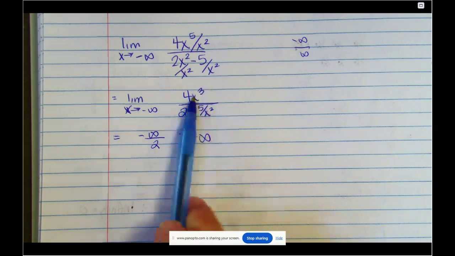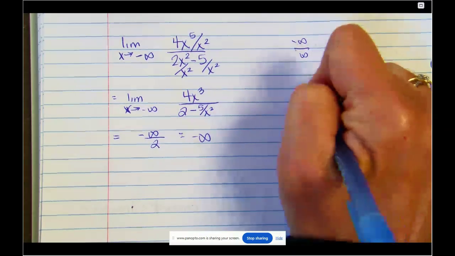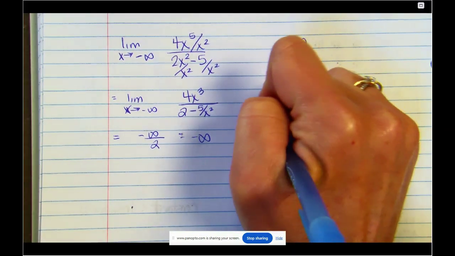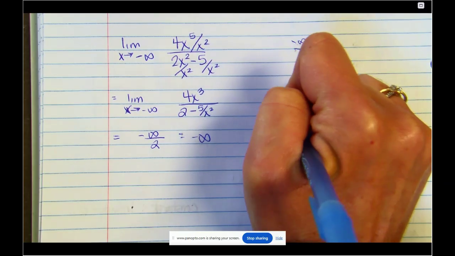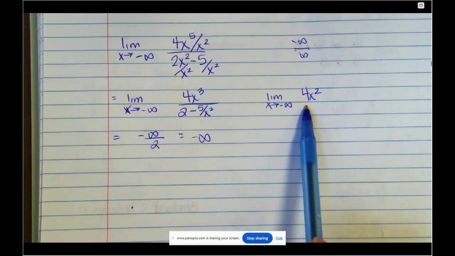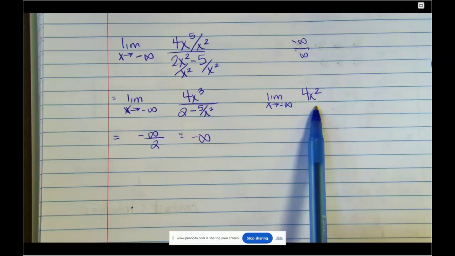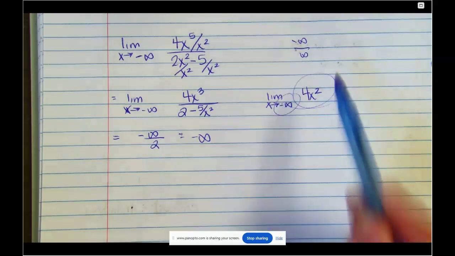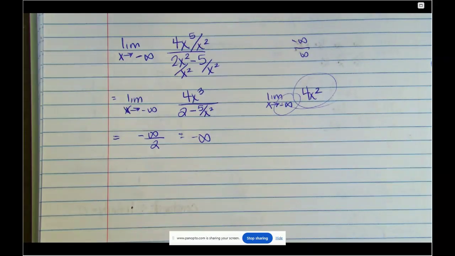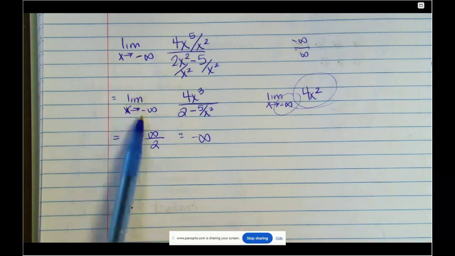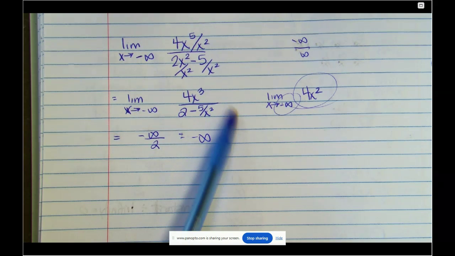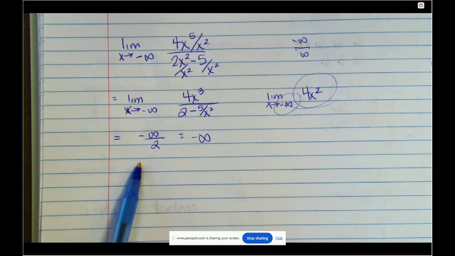If this was 4x squared and we were doing the limit as x approaches negative infinity, then it would be what? It would be positive, right? So you just want to watch, when the negative infinity comes along, it's really just about the sign. Is it positive or negative? So just watch that.